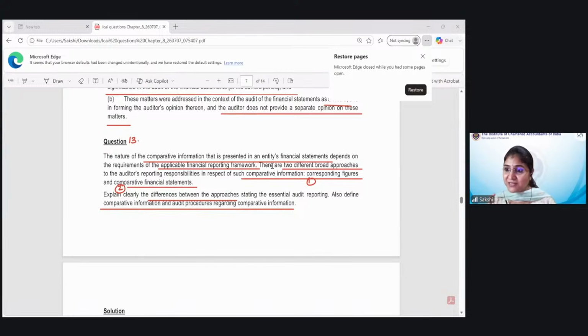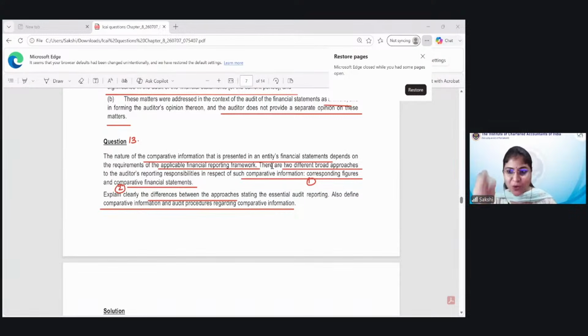So first you will say corresponding figures are figures on which the auditor's opinion on financial statement refers to current period only. You know, corresponding, there's a vertical line, the schedule 3 format, 2026-2025. There is just a reference given of the previous year corresponding figures, isn't it?